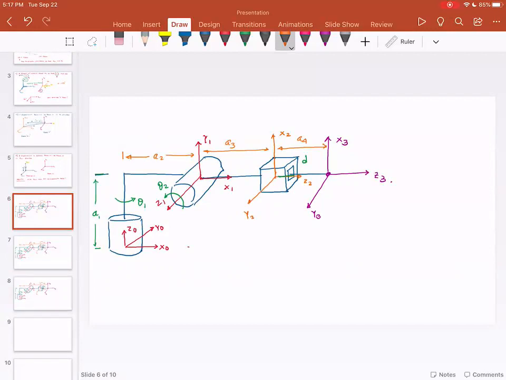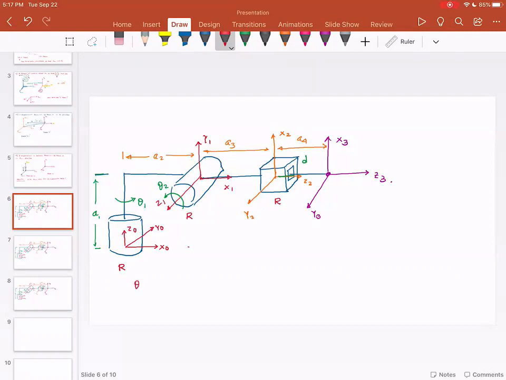So here is the idea. I want to construct the DH parameter table for this robot. This robot has the first revolute joint, a second revolute joint, and a third revolute joint. And I'm going to construct the table something like this.